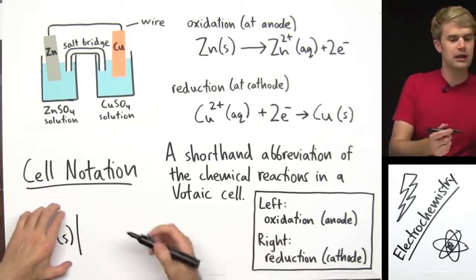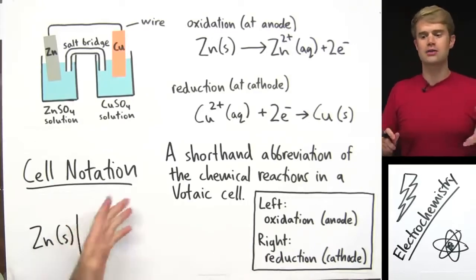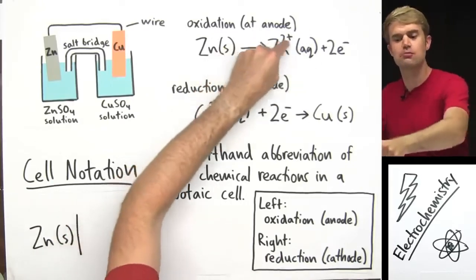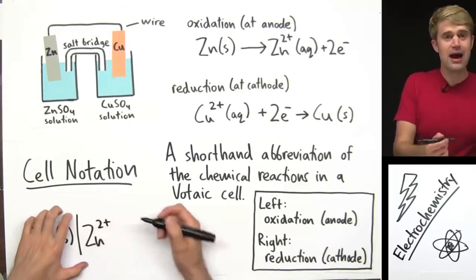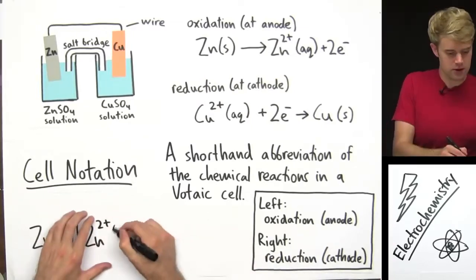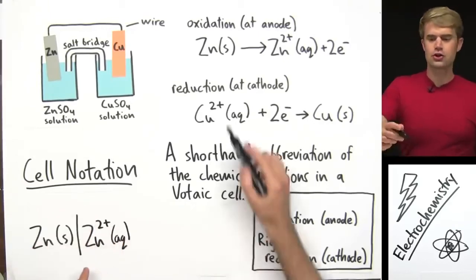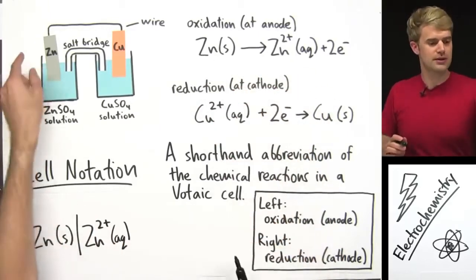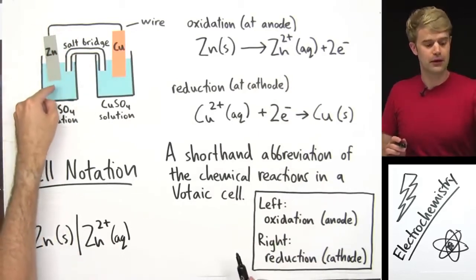Then I put this line here, and I show what we end up with in the oxidation process, which is Zn2+, and that is dissolved in water. It's part of the solution. It's aqueous. So this shows the oxidation process that happens in the half cell over here.